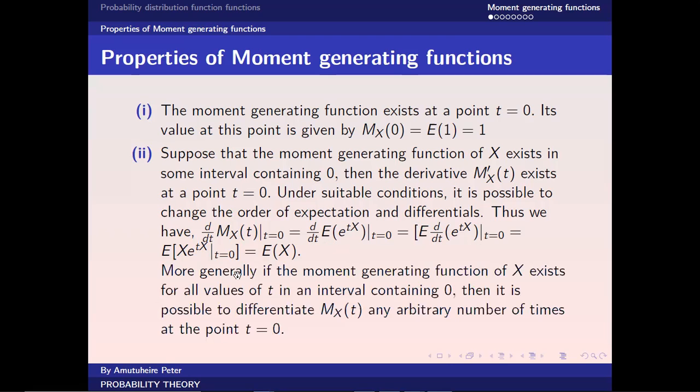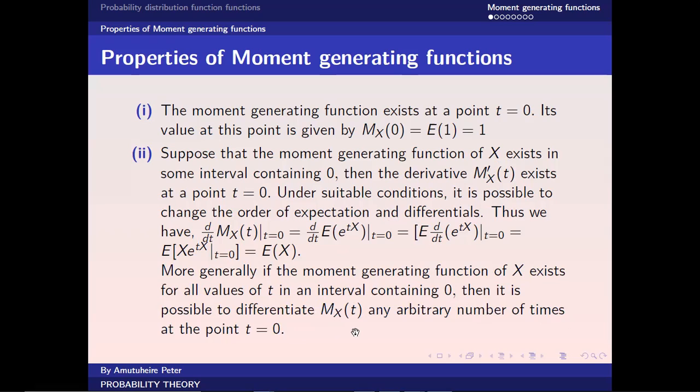Okay, more generally, if the moment generating function of x exists for all values of t in an interval containing 0, then it is possible to differentiate it any number of times. So if we want the second moment, we take the second derivative of the moment generating function and evaluate it at t equal to 0.